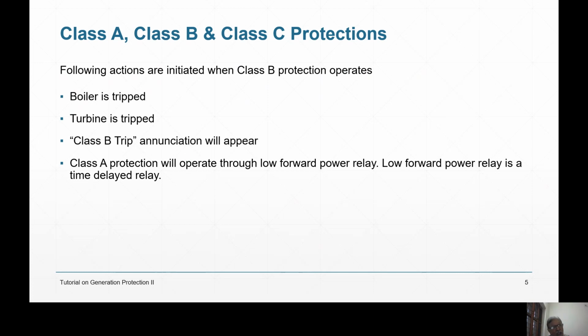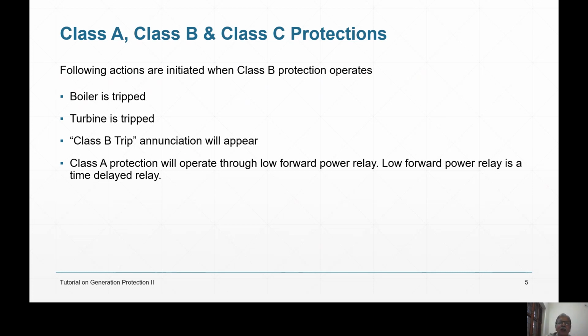So it will go on feeding the bus until the forward power reaches 0.5%. That 0.5% or 3% depends upon the type of turbine, but some percentage. Say in steam turbo alternators with coal-fired boilers, it is 0.5%. When forward power is below 0.5%, then class A protection will be initiated.